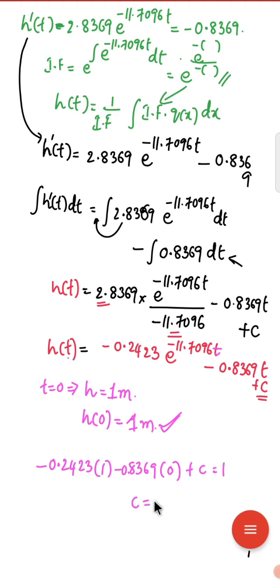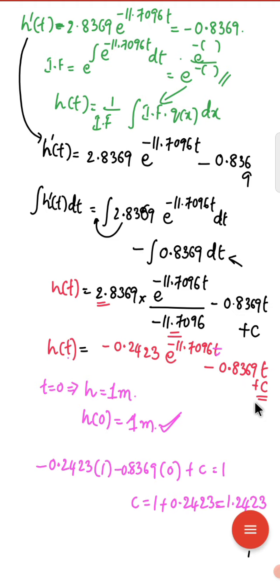Therefore c is equal to 1 plus 0.2423. So we have found the c also.